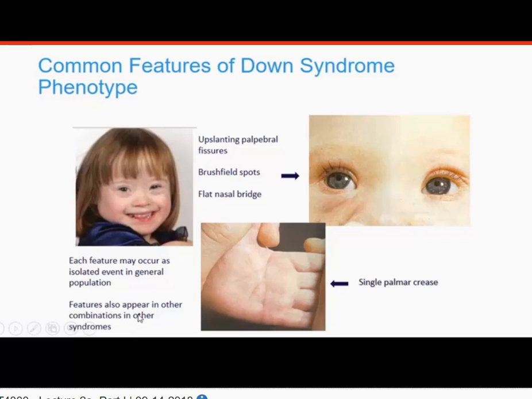You'll also see some features common among chromosomal syndromes: the upslanting eyes, the white specks in the blue iris of blue-eyed babies called Brushfield spots, a flattened nasal bridge as opposed to what the parental phenotype looks like. Instead of 2 separated lines, some people call them lifelines, they often have a single palmar crease. This is actually seen in over 1% of the general population as well.